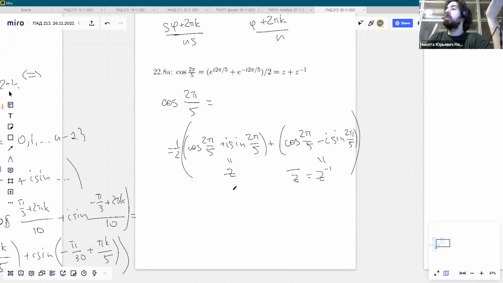What do we know about Z? We know that Z to the 5th power is 1. Look, if you raise this number to the 5th power, then this 5 disappears and you get cosine of 2 pi, that's 1, and sine of 2 pi, that's 0. So I know that Z to the 5th power is 1. I want to find Z plus Z inverse.